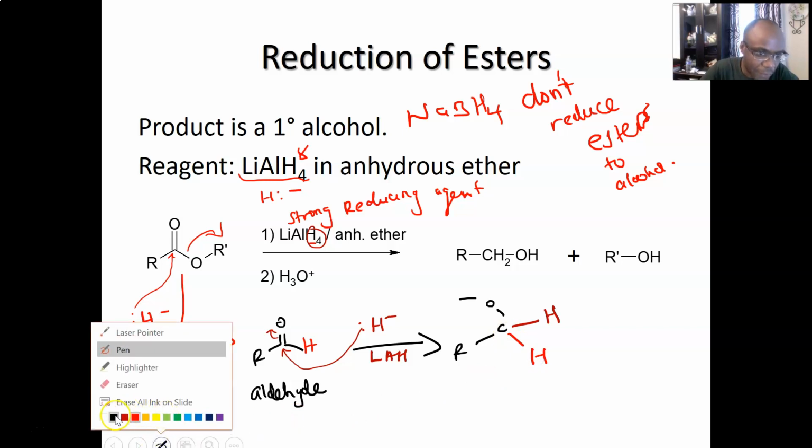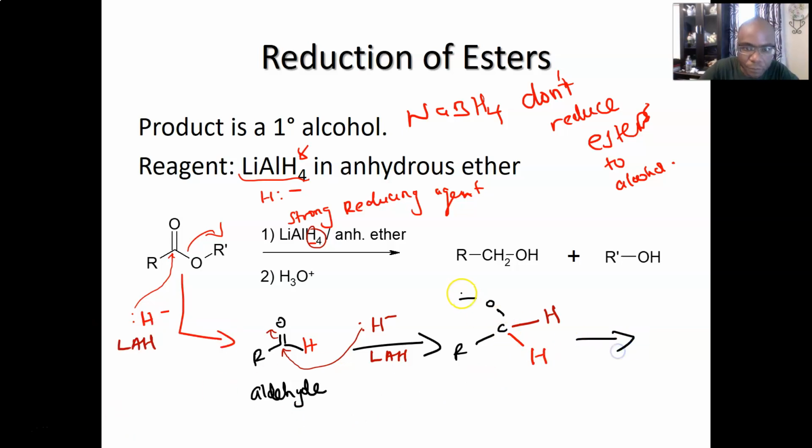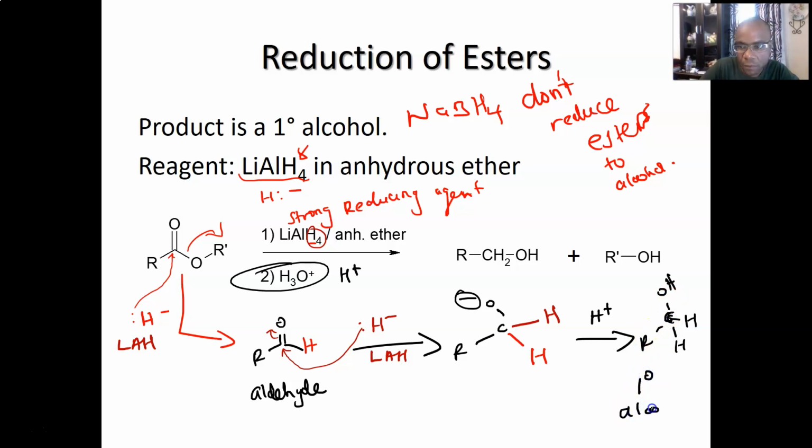And of course one can imagine that if the O minus is quenched by an acid, which is this step, which just provides an acid, then you're gonna end up with an alcohol with your 2 hydrogens. Now what type of alcohol is that? The C bearing the OH is bonded to 1 R group, so this is a primary alcohol. And that's what this says. This says the product is a primary alcohol.